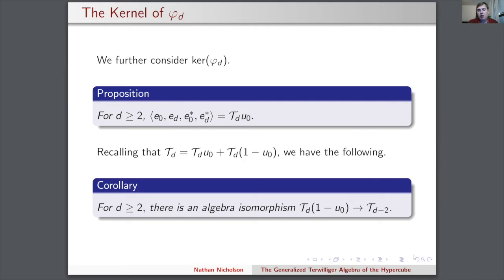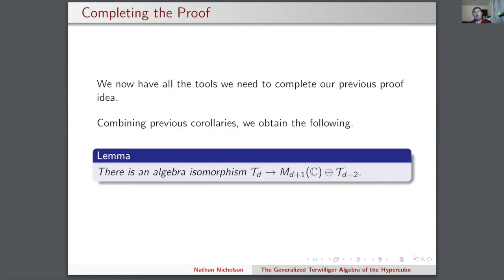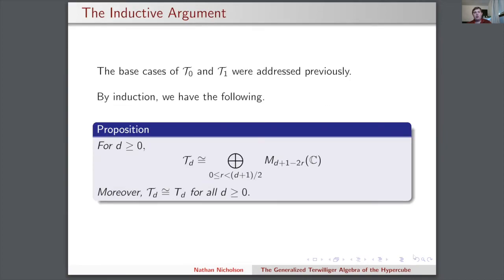TD times 1 minus U naught viewed as a quotient algebra is isomorphic to TD minus 2. So we get this direct sum that we wanted. TD is isomorphic to MD plus 1 C direct sum TD minus 2. And so then inductively, you can get that it's exactly the full sum of matrix algebras that we wanted.